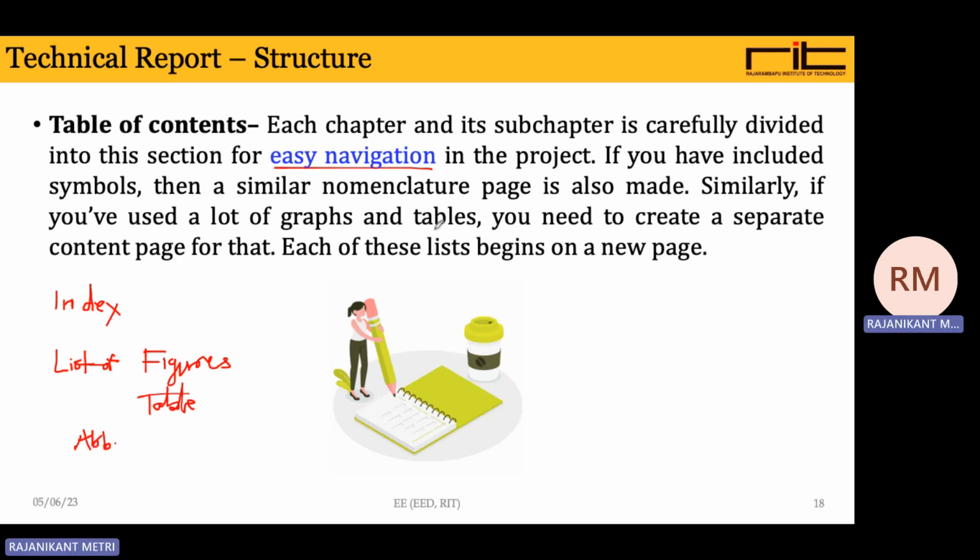These things must be there in this list, and all these are numbered with Roman small letters 1, 2, 3, and so on.